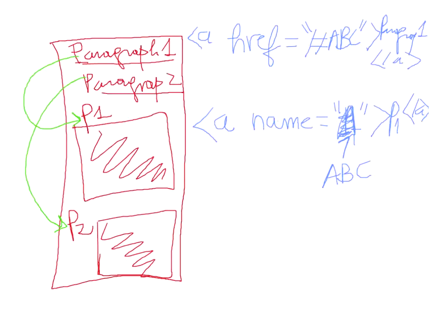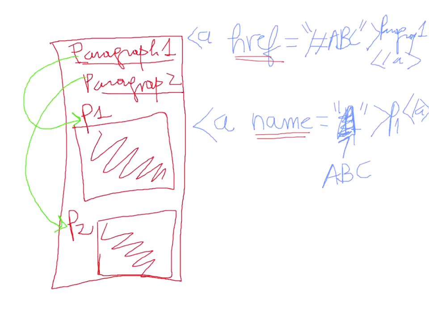So if we want to create an internal link in a web page, we use double A, not one. The first one is with the attribute href. The second one is with the attribute name.